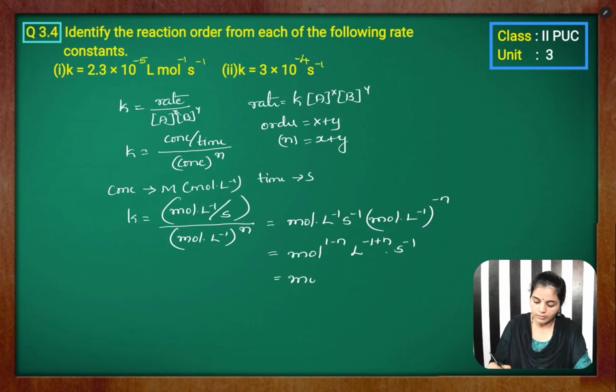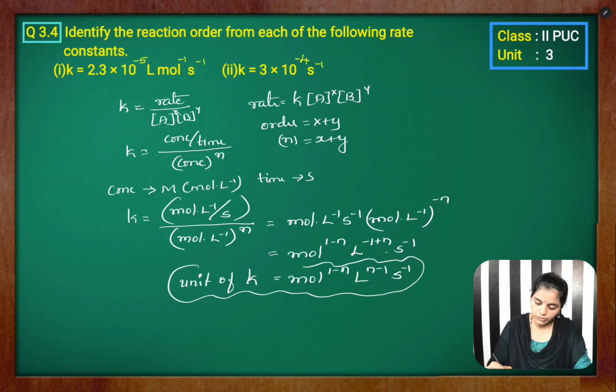So this I can write as mole to the power 1 minus N, liter to the power N minus 1, per second.